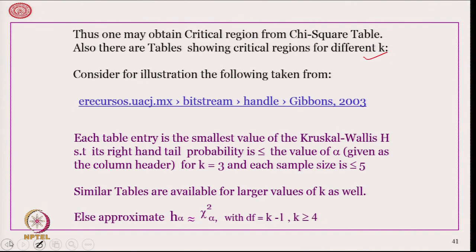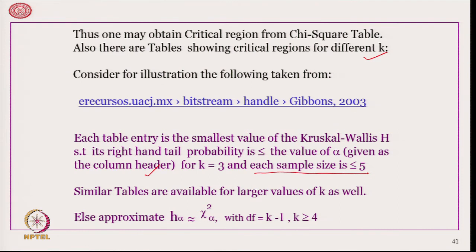Each table entry is the smallest value of the Kruskal-Wallis H such that its right hand tail probability is less than or equal to the value of alpha given as the column header, for k equal to 3 and each sample size less than or equal to 5.